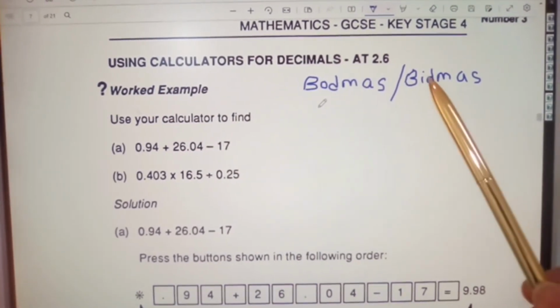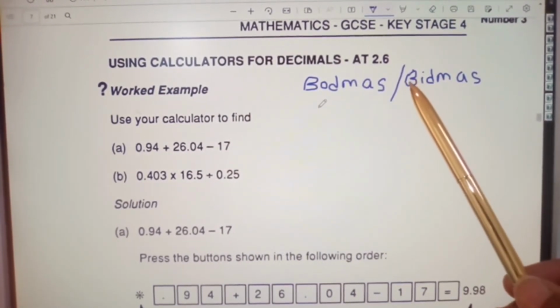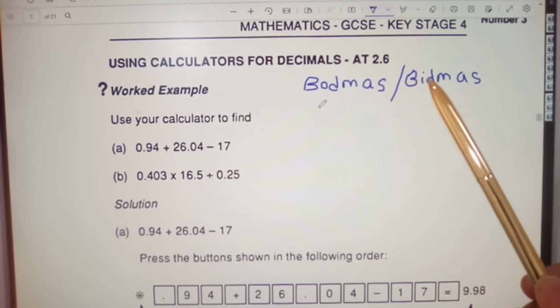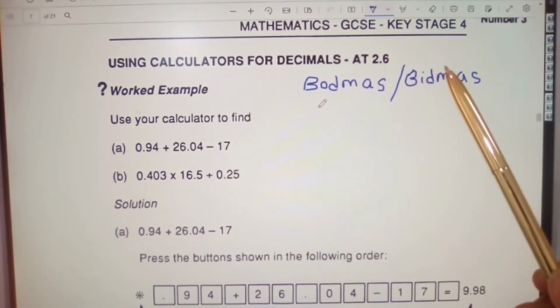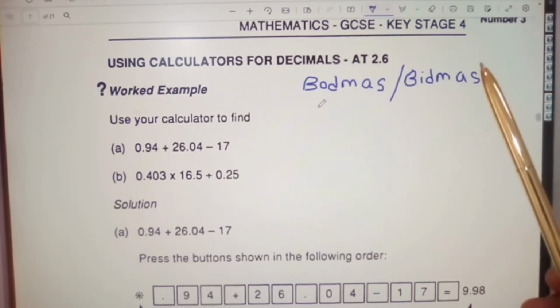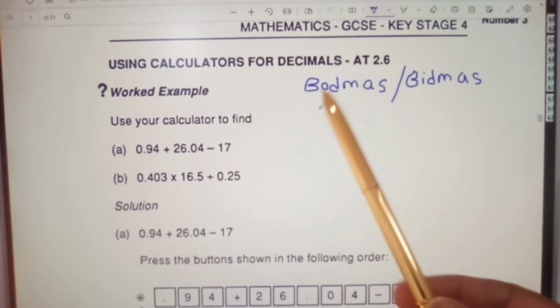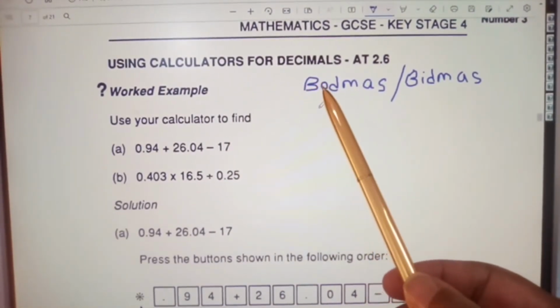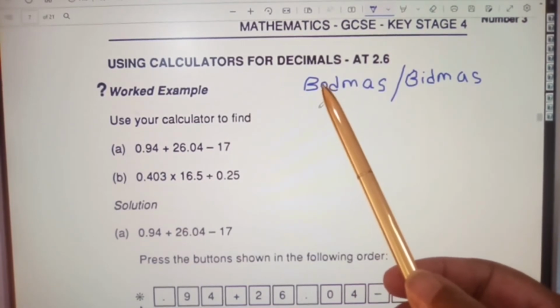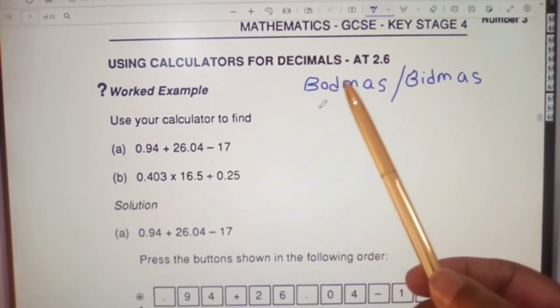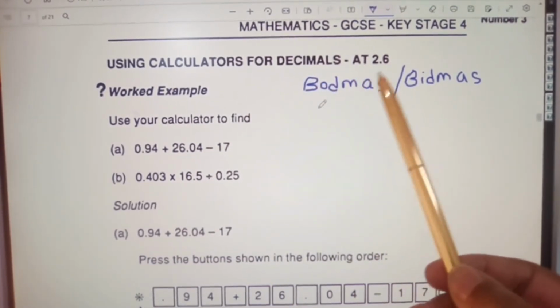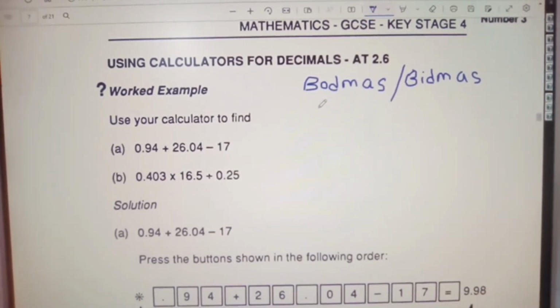And similarly, BIDMAS is brackets, integers, division, multiplication, addition, and subtraction. So again, brackets, order of functions, division, multiplication, addition, and subtraction.